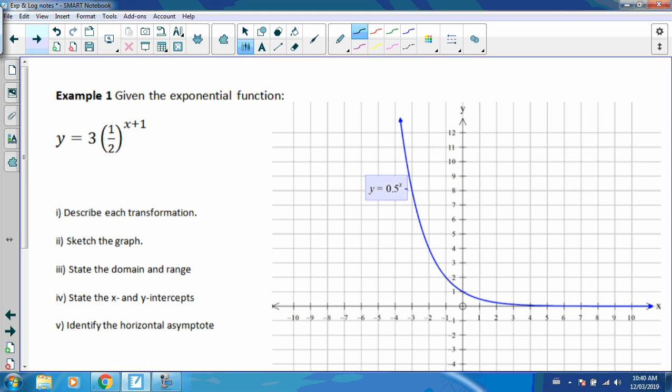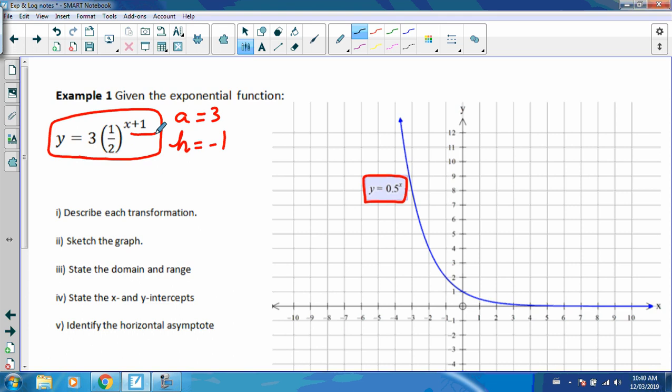So in this example, our original function is shown over here: y equals 0.5 to the power x. And we are going to perform some transformations on it. So over here, a is 3, and h is negative 1. So remember that even though it looks like a plus 1 here, h is actually minus 1.